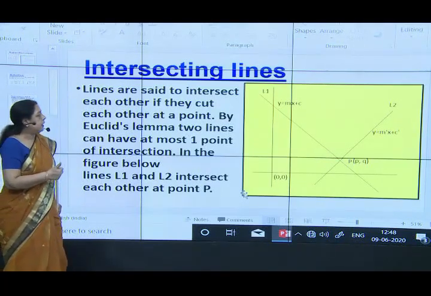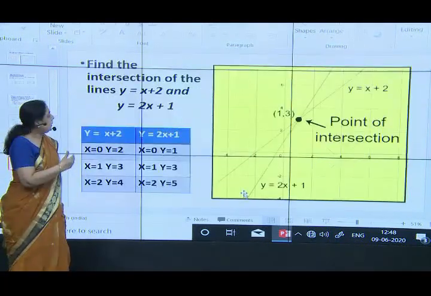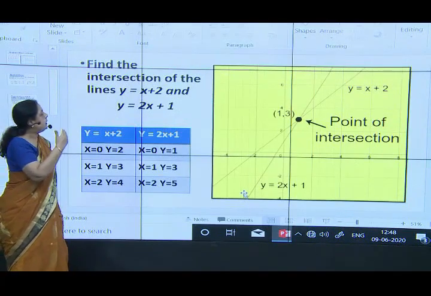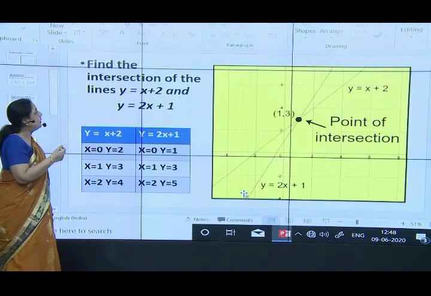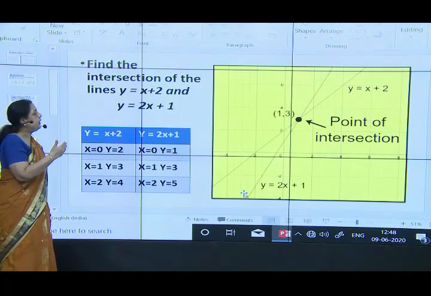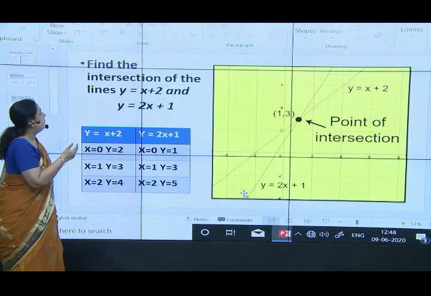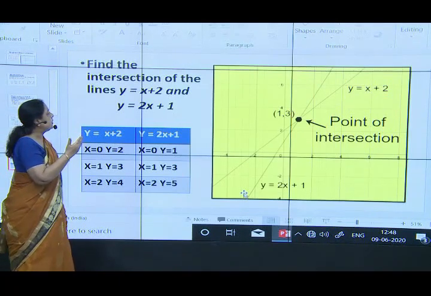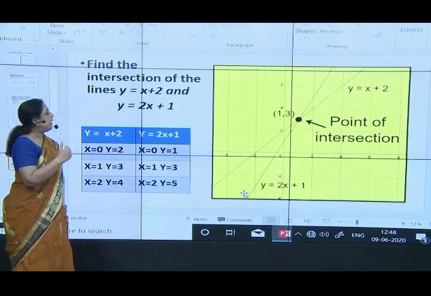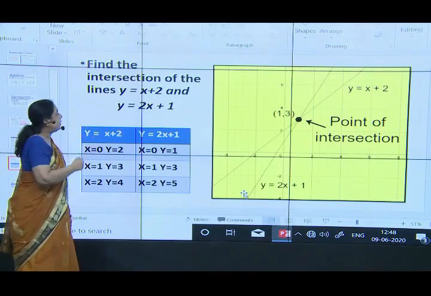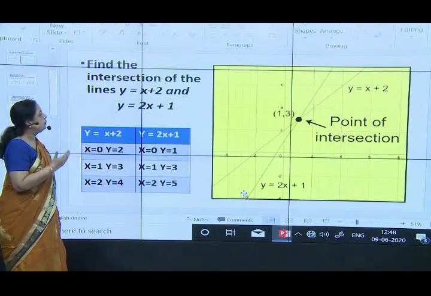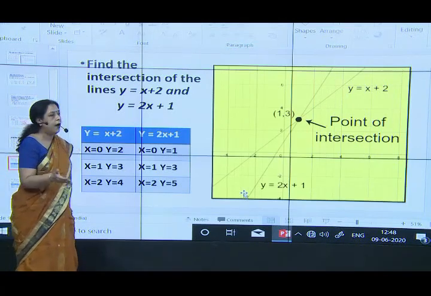Let us take an example. First equation is y equal to x plus 2, and the second equation is y equal to 2x plus 1.